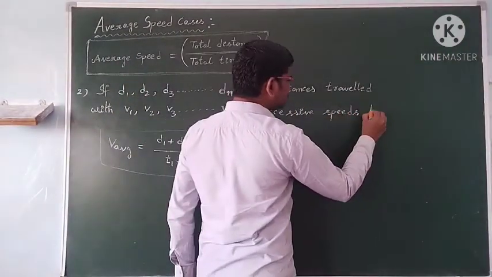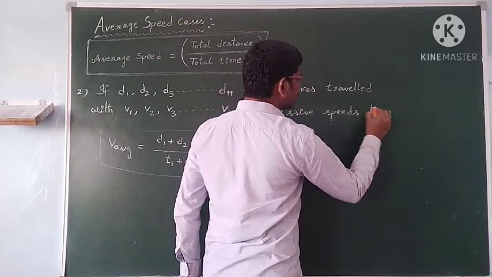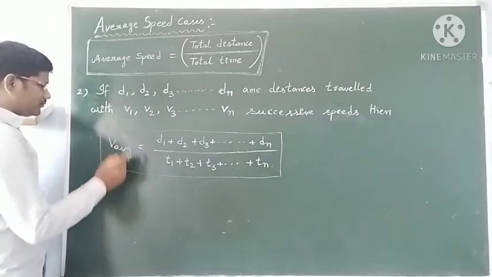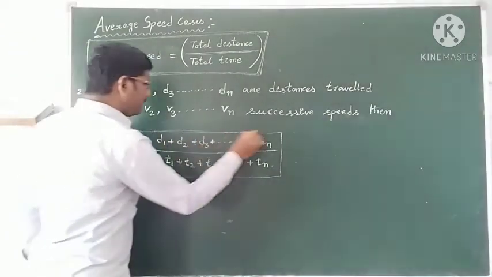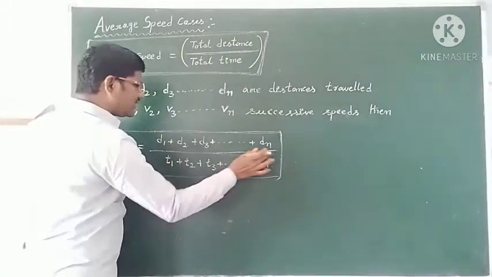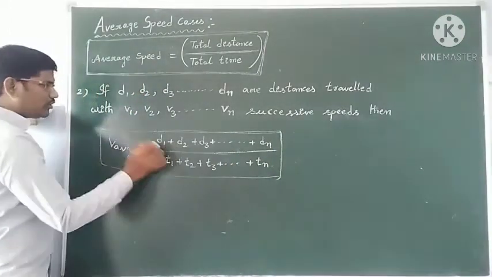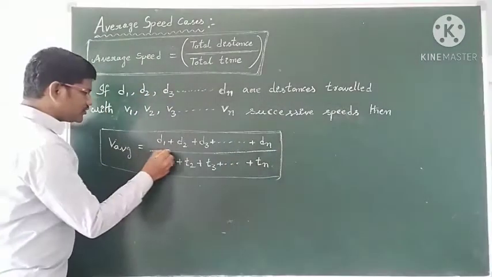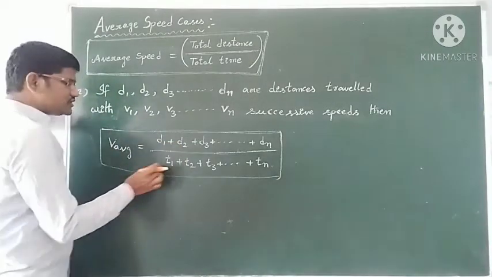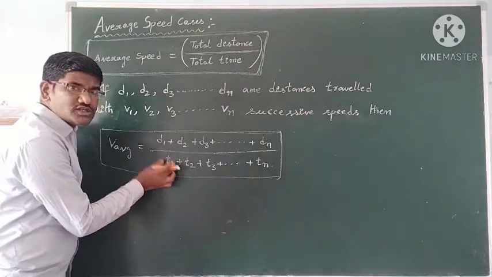Then what do we write? Average speed is equal to total distance by total time taken. But we have only speeds, so we should convert the time into speed.